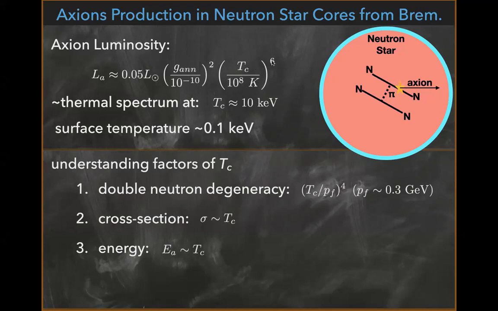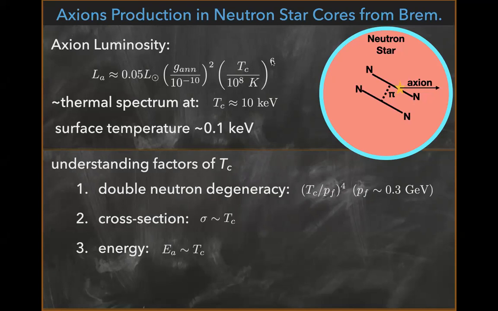So one thing which makes this process extremely frustrated, it would be much more efficient, but, and that but is that the neutrons are degenerate inside of the neutron star. And there's a very high Fermi momentum on the order of 0.3 GeV, which is much higher than the core temperature, which is on the order of 10 keV. And these neutrons need to scatter into free states.